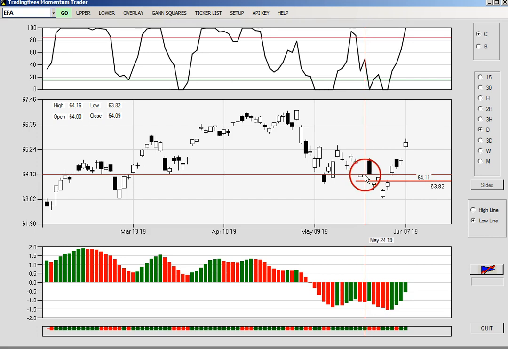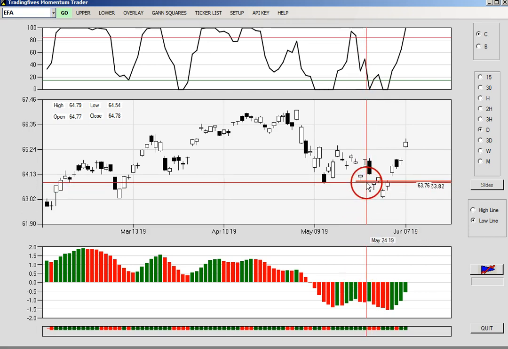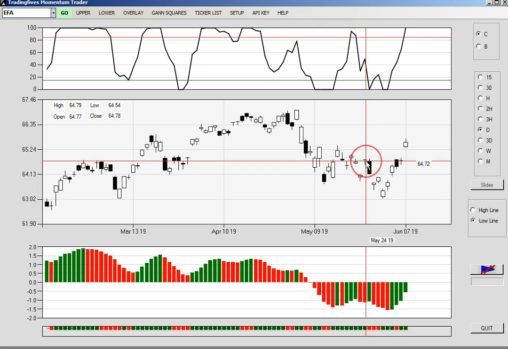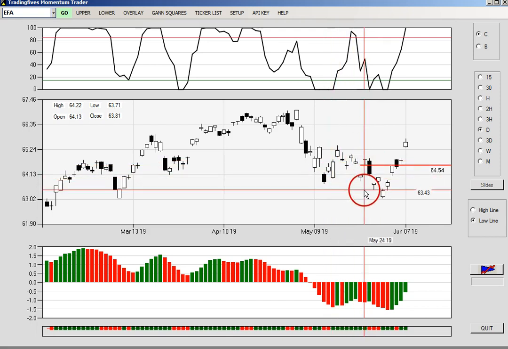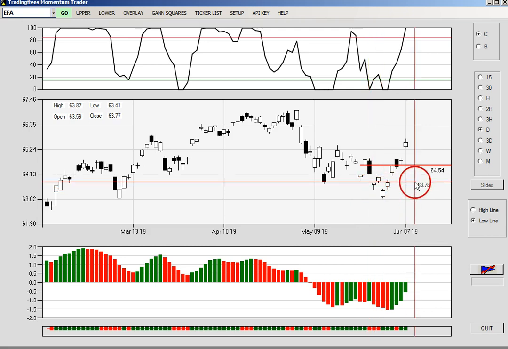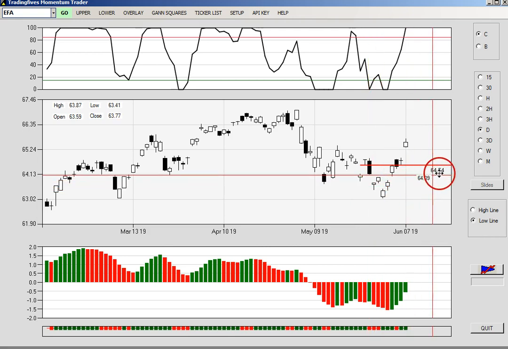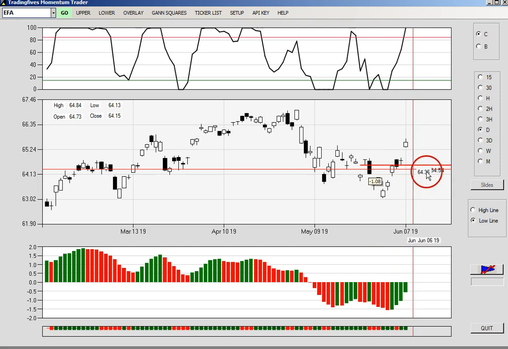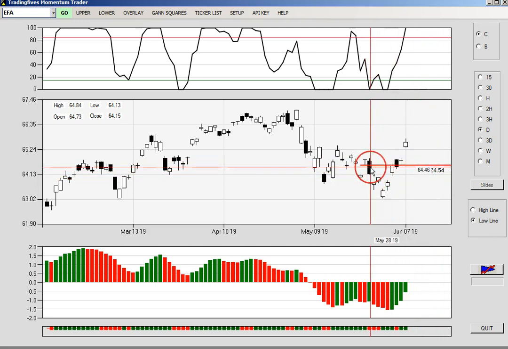Now, because the next histogram bar stayed red, we have generated another condition at a higher price, and that would now move the print trigger price up to 64.54. So now if the next bar prints lower than 64.54, we get to make a decision whether we want to take the trade or pass from the condition signals we receive from the histogram bar.